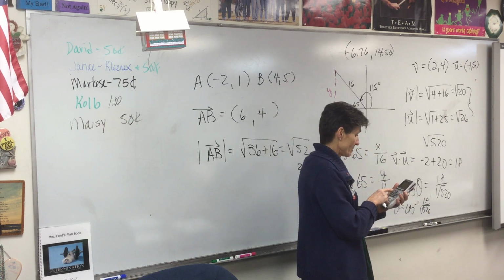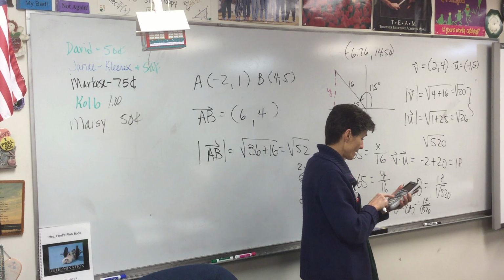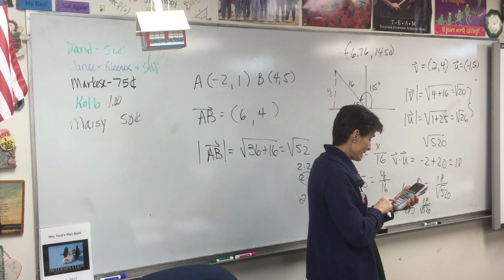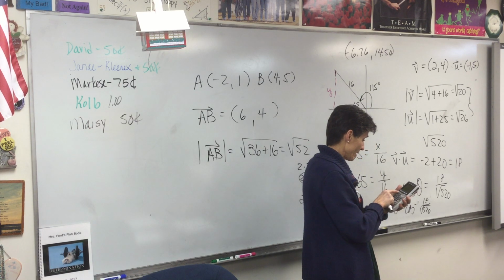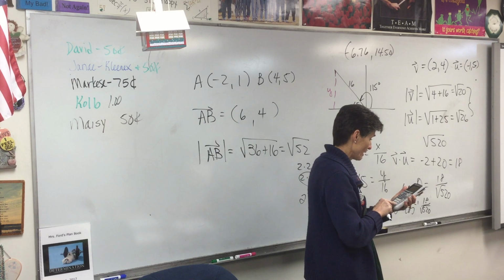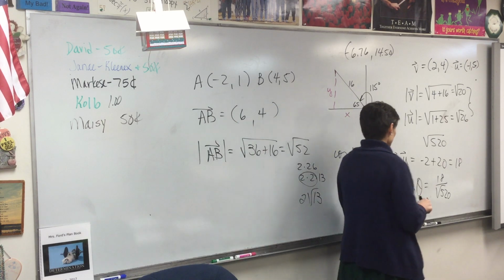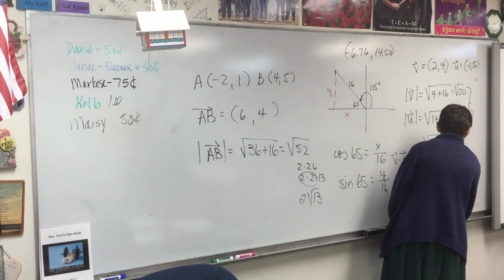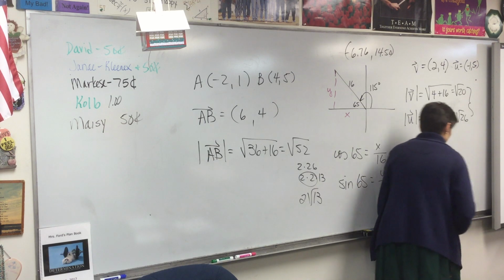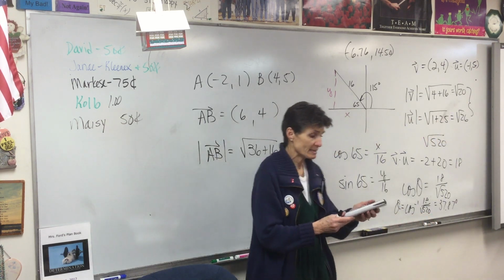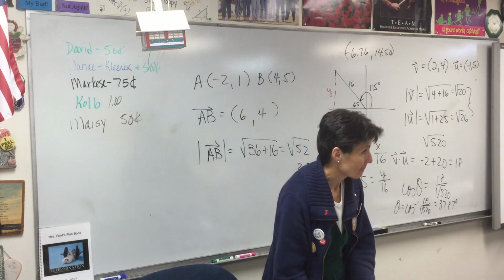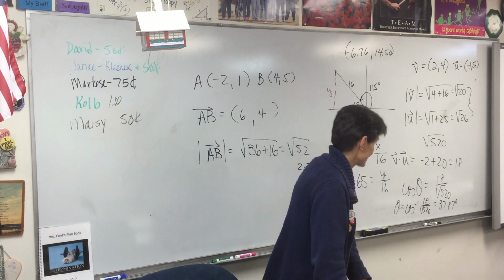So this is going to be the inverse cosine of 18 divided by the square root of 520. That's 37.87 degrees. That's the answer.